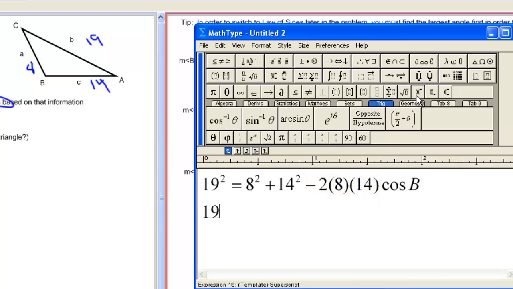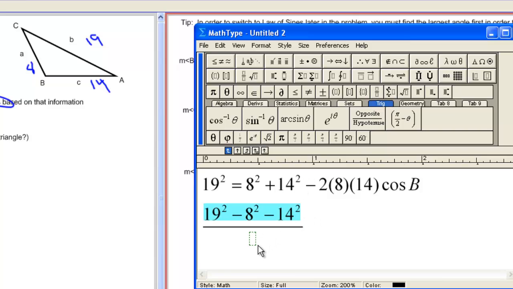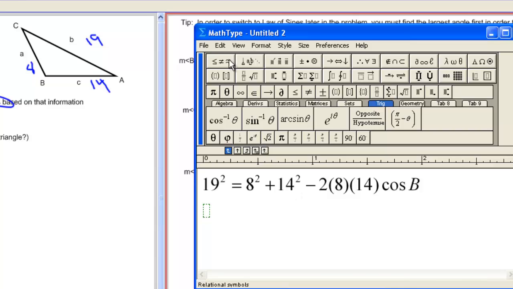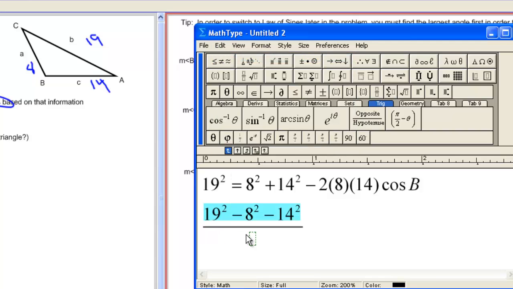So in order to get the cosine of B by itself, I'm going to look at that 19 squared, and I have to subtract off the 8 squared. I have to subtract off the 14 squared, and then I have to divide all of that by the negative 2 times 8 times 14.